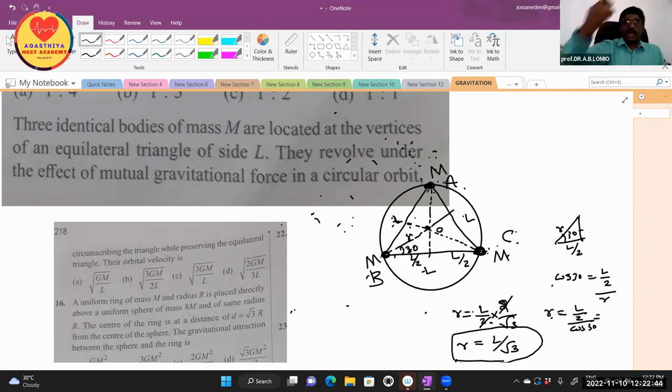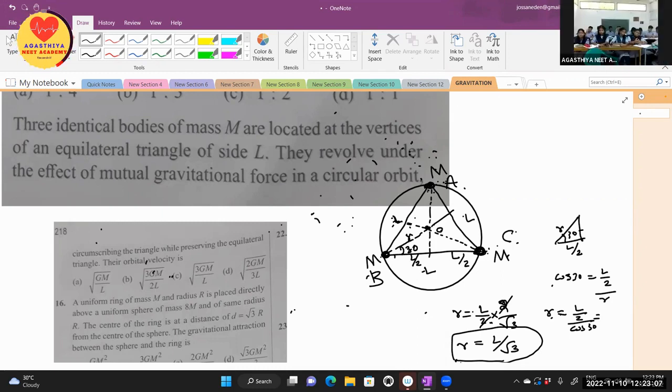Let us calculate the force of attraction on A due to the masses at B and C. How much force acts on A due to the mass placed at B and C? We need to find the force from A to B and A to C. Apply the formula.